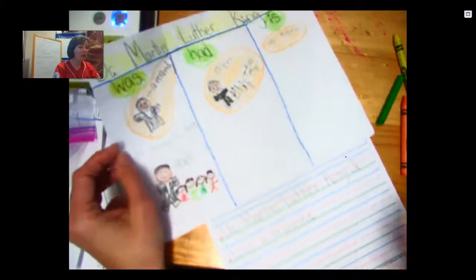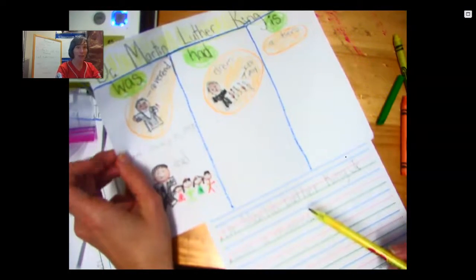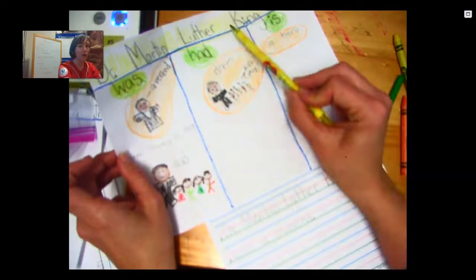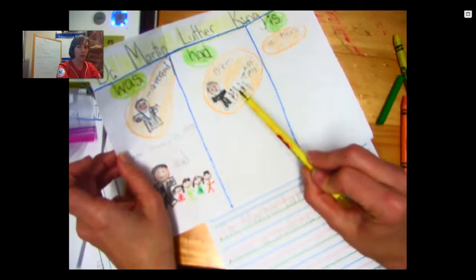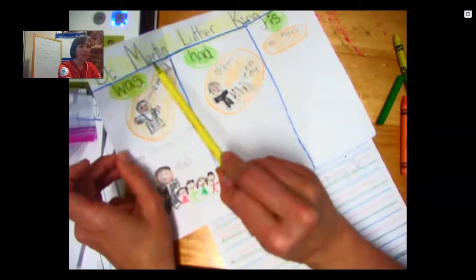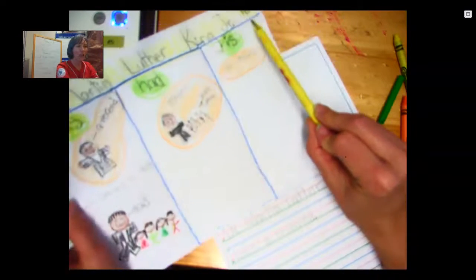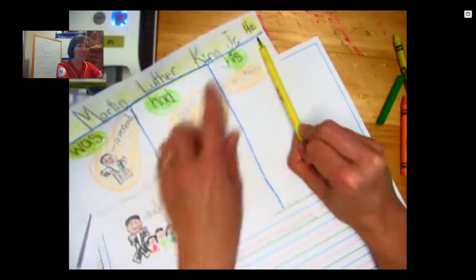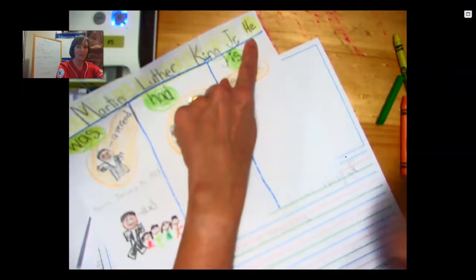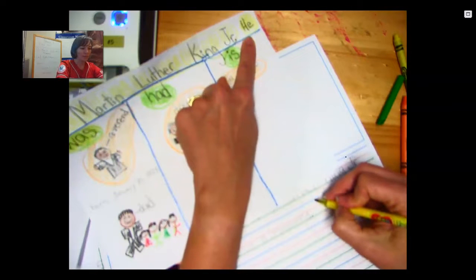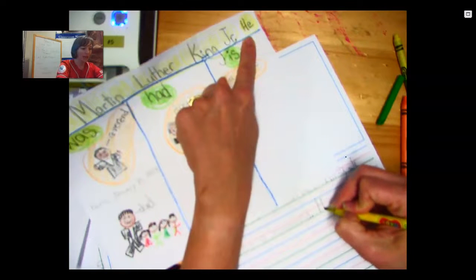But that's not the end of my notes. So now I'm going to go back up and start my pattern again. Remember, my pattern is yellow, green, orange. But I don't have to say Martin Luther King Jr. anymore. Now I can use the sight word he. He.